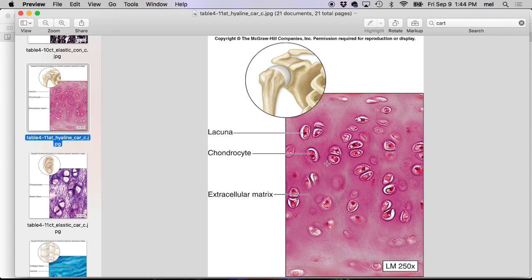And then before we get into the specifics of cartilage, there are basically 3 types, and they're pretty easy to tell apart. One of them really doesn't have any visible fibers in the matrix, and it gets the word for glassy or clear, which is hyaline, and that's this one.